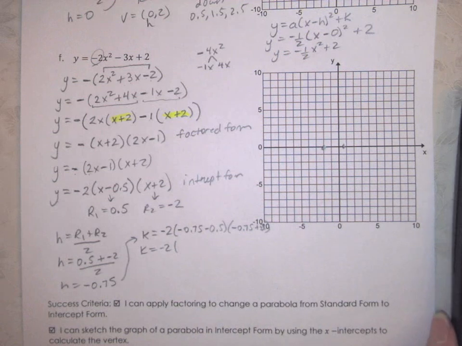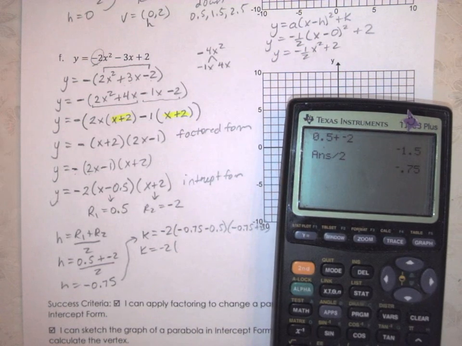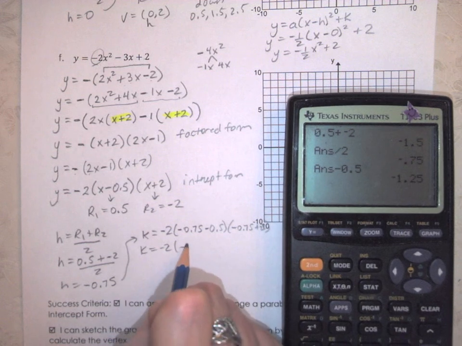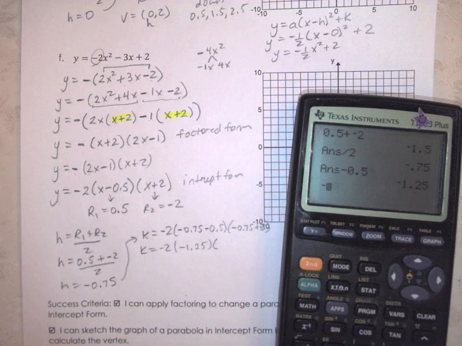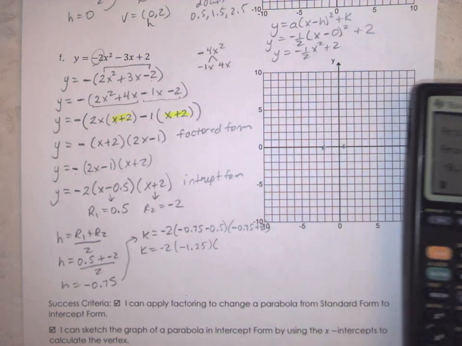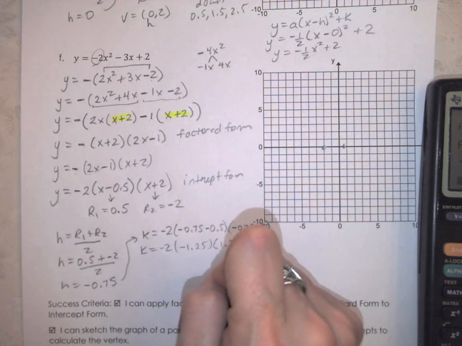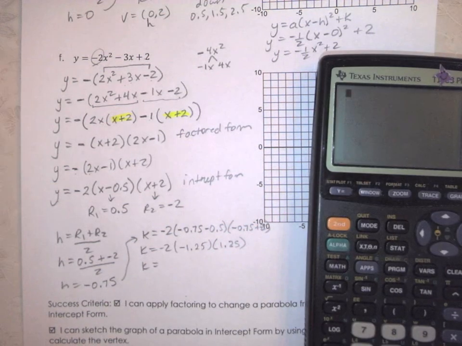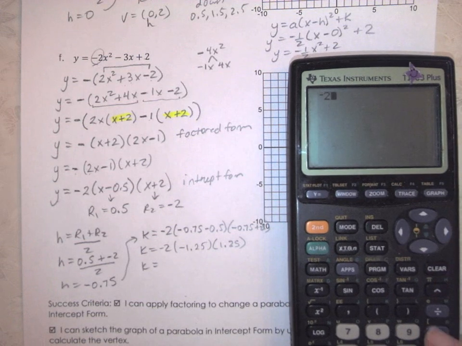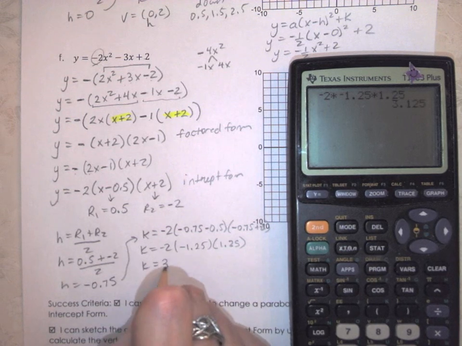So that's going to be negative 1.25 and positive 1.25. Multiply those 3 numbers together. Negative 2 times negative 1.25 times 1.25 is 3.125.